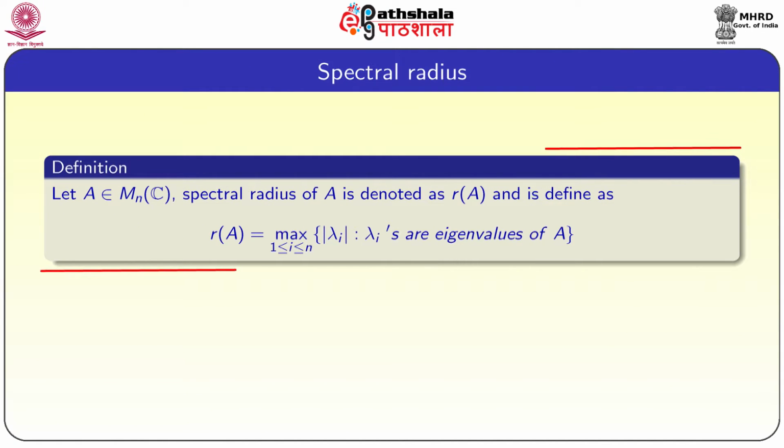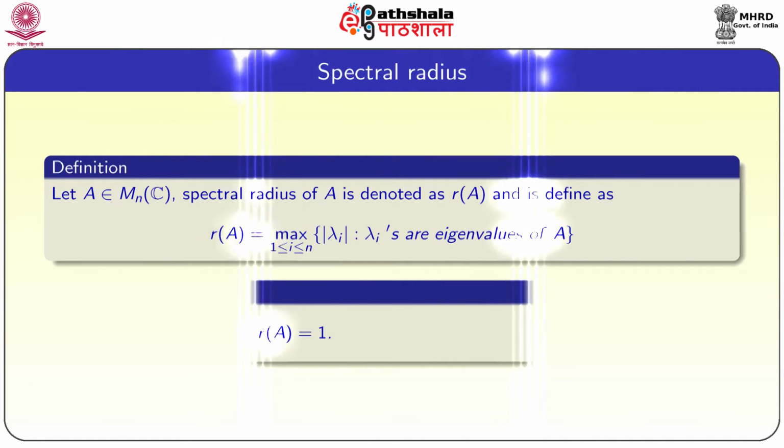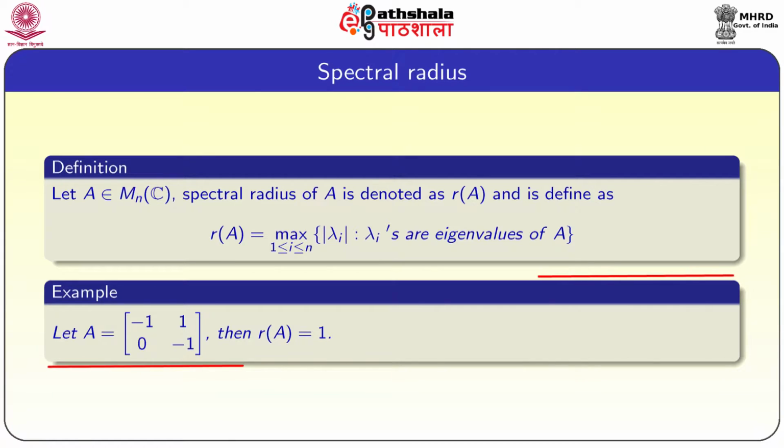Now, we are defining the spectral radius for a matrix. Let A belong to M_n(C), that is, the set of all n by n matrices with complex entries. The spectral radius of A is denoted by R(A), which is defined as the maximum of the modulus of all eigenvalues of A, that is R(A) equals the maximum over 1 less than or equal to i less than or equal to n of |lambda_i|, where lambda_i is an eigenvalue of A. For example, for the matrix A equal to [-1 1; 0 -1], the eigenvalues are -1 and -1.